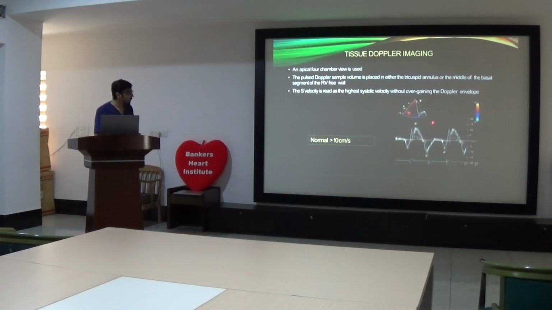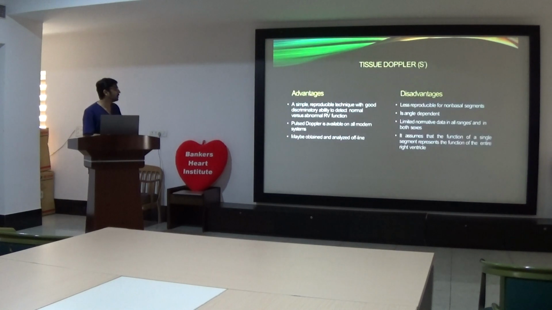The systolic peak velocity, S prime, is used; we have to use the highest peak systolic velocity by tissue Doppler imaging. Less than 10 is abnormal. So the value should be at least more than 10 in tissue Doppler imaging. Less than that is dysfunction.